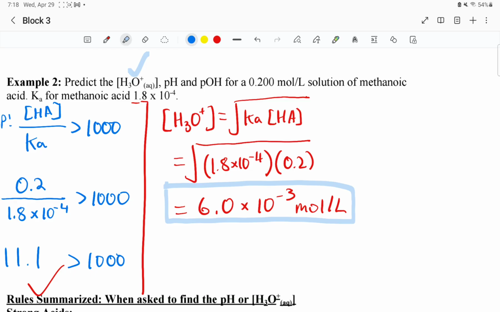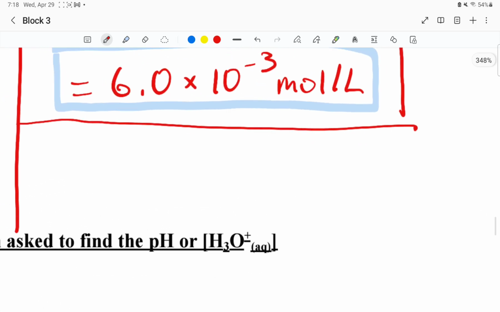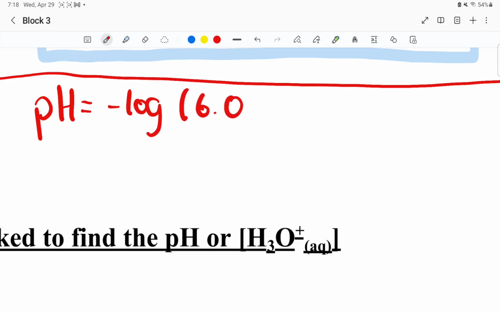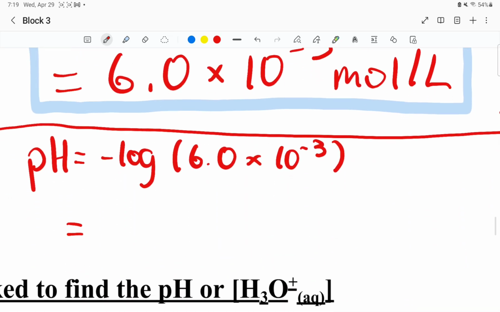Now the next thing they want is the pH. We're running out of space here, but we'll try to do it here. For the pH, that's the negative log of your 6.0 times 10 to the power of negative 3. If I put that in my calculator, negative log, we want 2 sig digs.